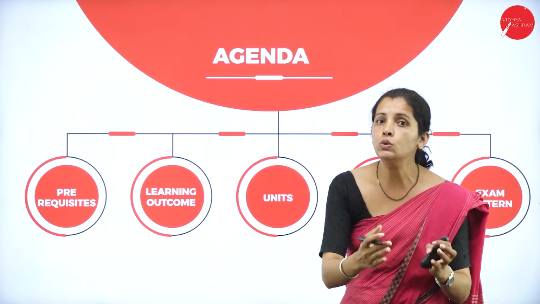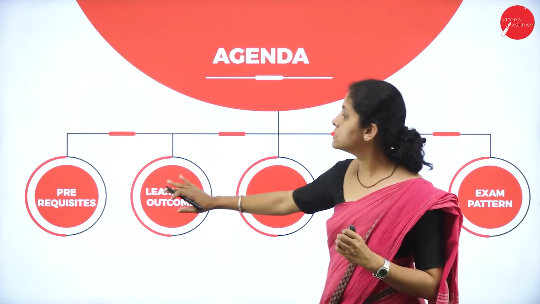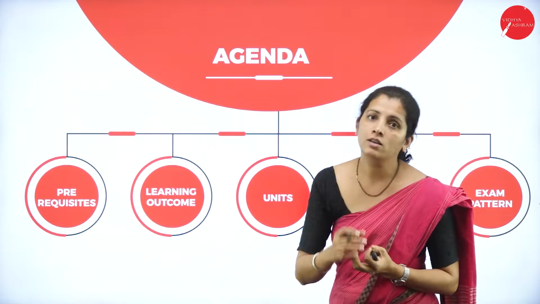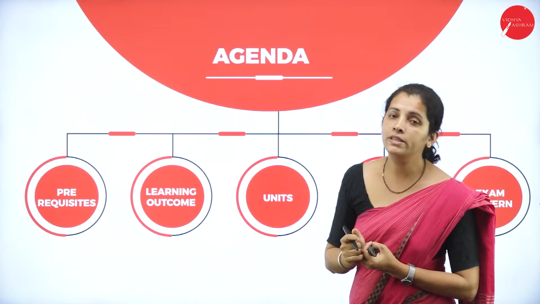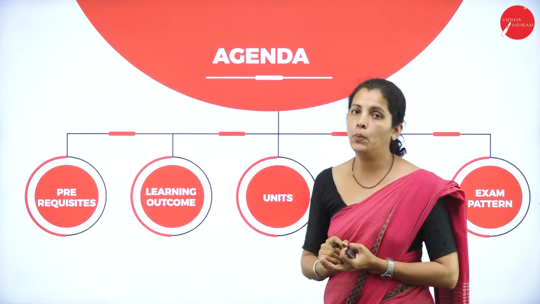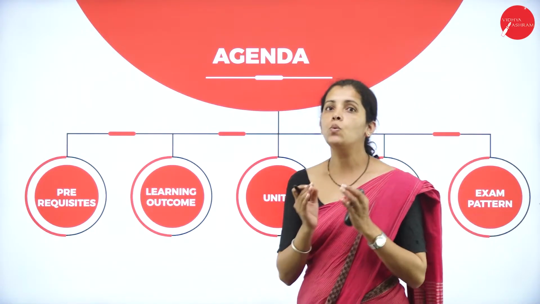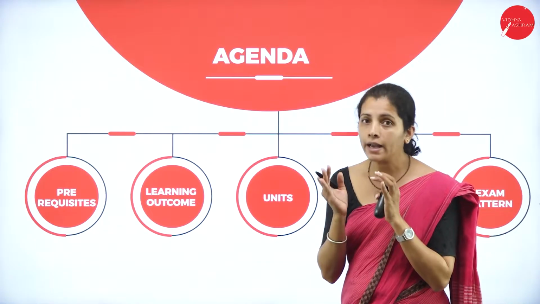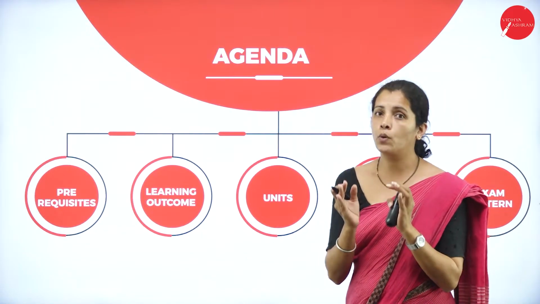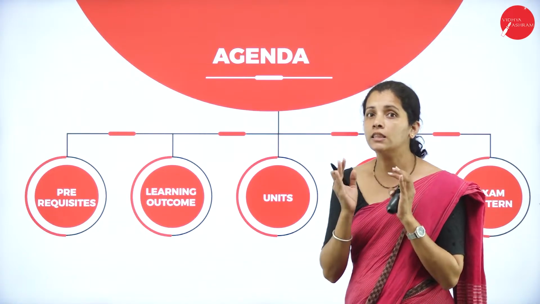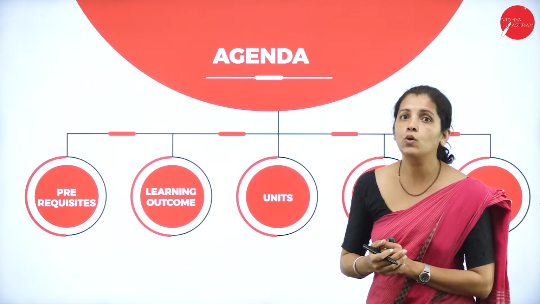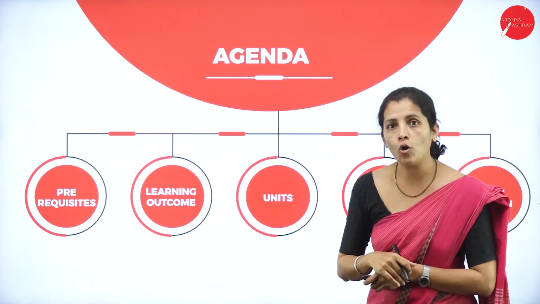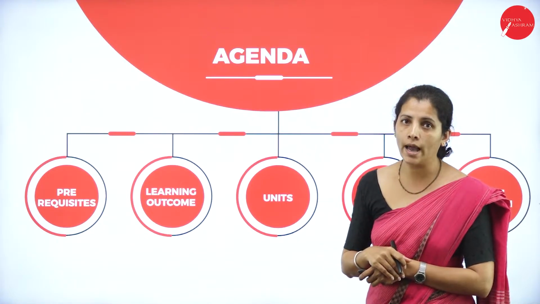Now, dear student, before I start the prerequisites, let me talk something about object-oriented programming with Java. So, what is object-oriented programming? If I consider the Java programming language, then this is an example of object-oriented programming.